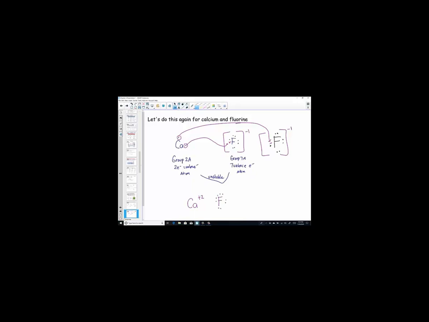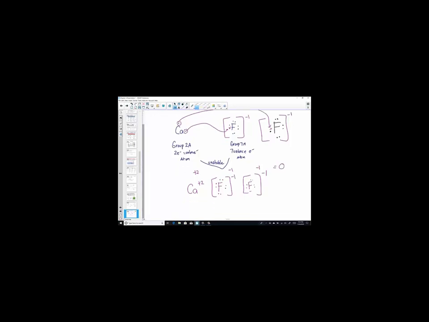I'm just kind of showing the model here. This is an F-1. Here's the second F-1. Notice how 1 unit of a +2 with 2 units of a -1 gave us 0 charge overall. Now let's write it as a formula.